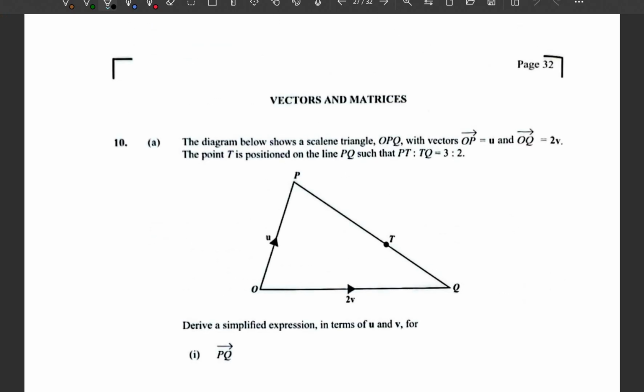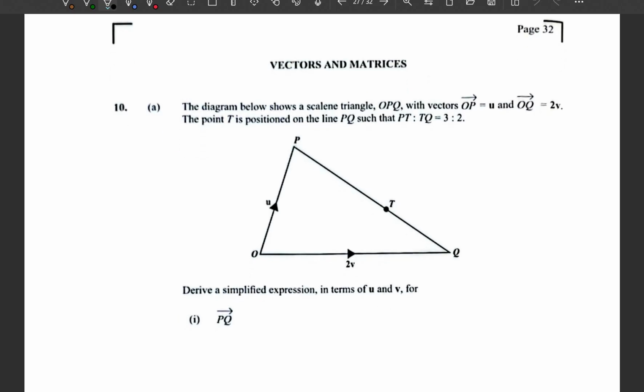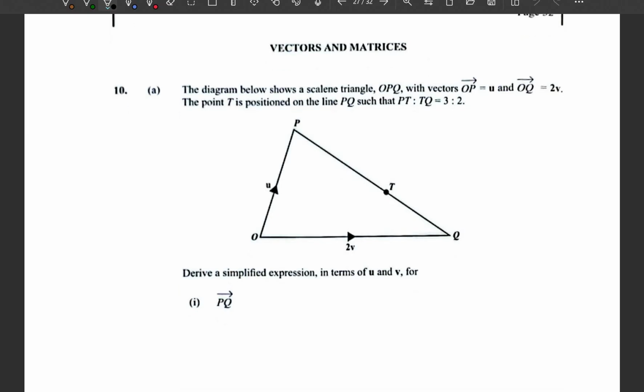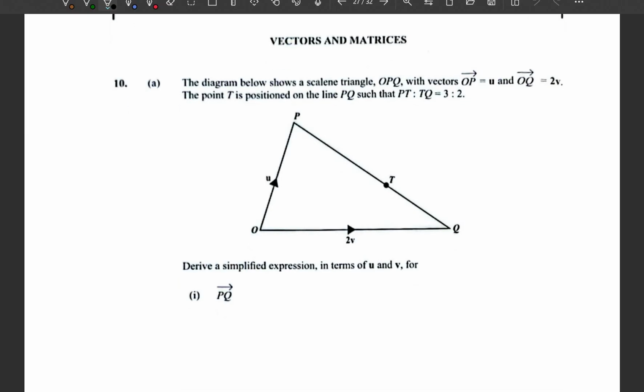Right, moving right along. Question 10. The diagram below shows a scalene triangle OPQ with vector OP equal to U, OQ equal to 2V. T is the point that divides PQ into 3 to 2.